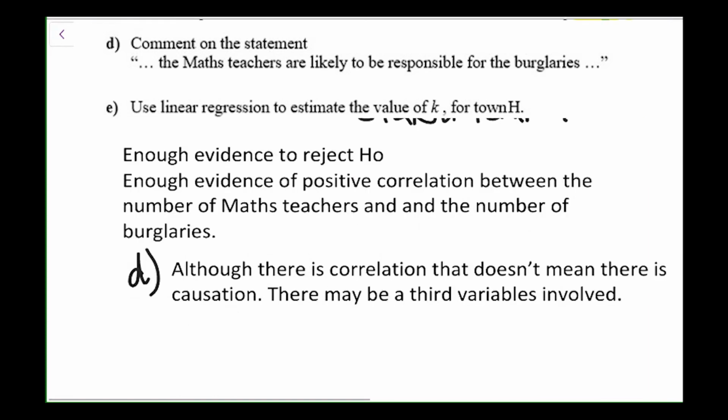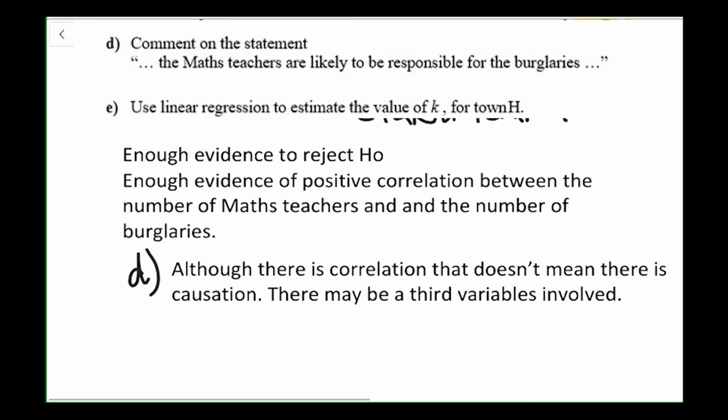So for instance, the first thing that comes to mind for me is actually, if the town has a larger population, we would expect there to be more maths teachers. We would also expect there to be more burglaries. There's more residents, there's more houses to be broken into, there's more criminals. So, yes, a larger population is going to have more maths teachers and more burglaries.